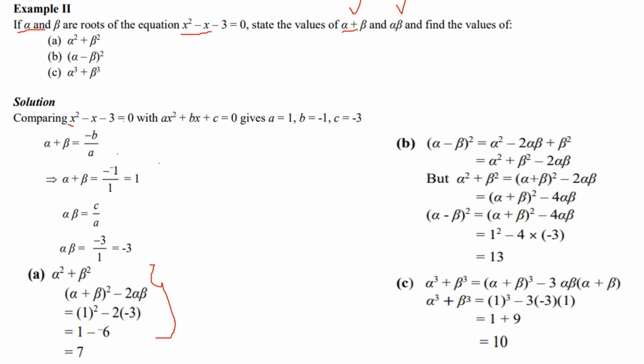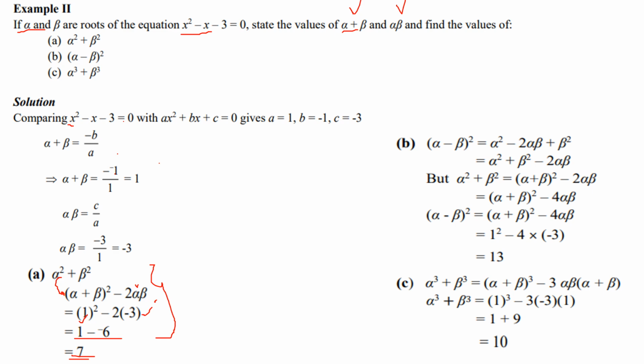You have already been given the expansion for alpha squared plus beta squared, which is the same as square bracket of alpha plus beta less 2 alpha beta. So you just substitute since you have already got the values. The sum of roots, you saw, is +1. So you substitute it, and you should indicate brackets to show that you're substituting. You'll get a bonus mark for that. And the product of roots is -3. You also substitute for it. Then you open up brackets, you remain with 1 less -6, and then you remain with +7 as your final answer.